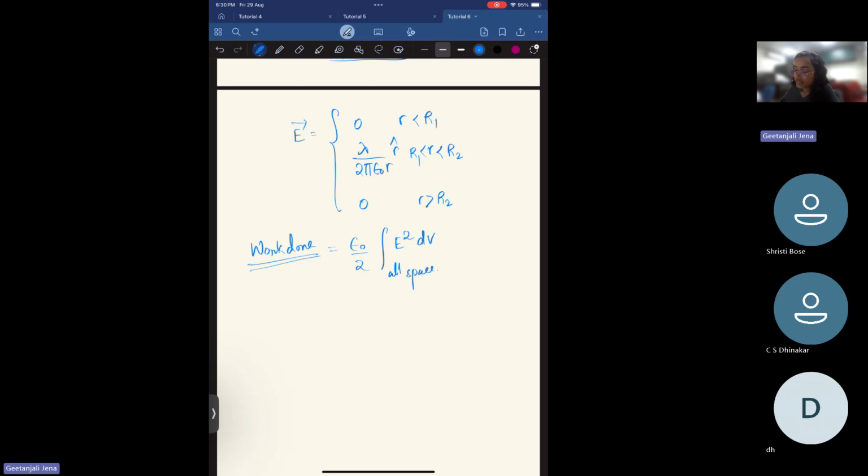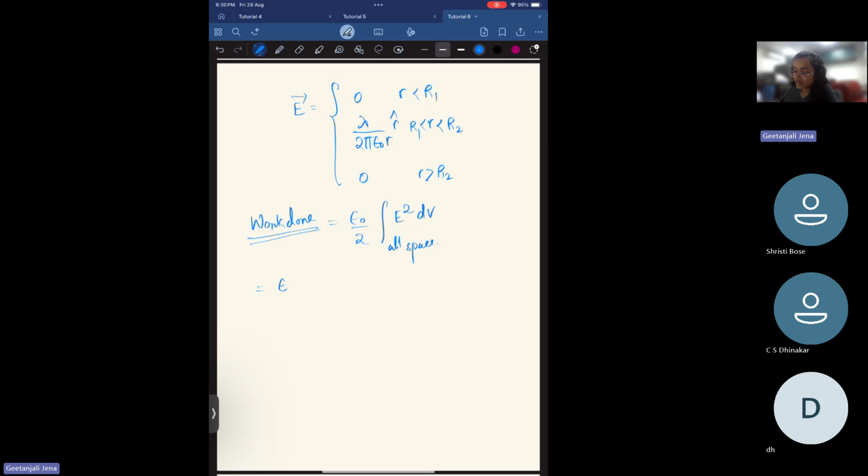So for all space, now we have only the region between the cylinders, from R1 to R2.